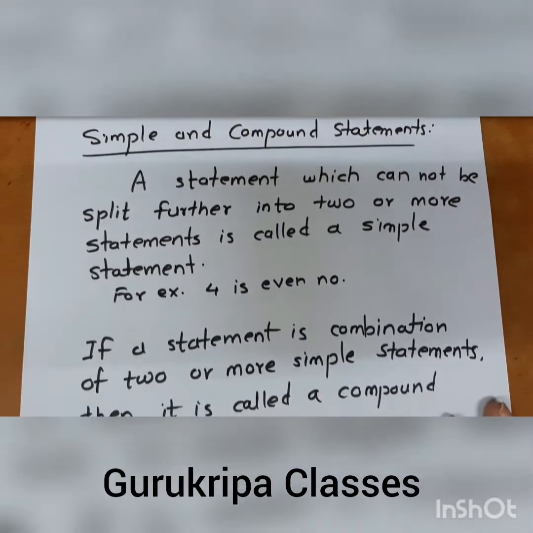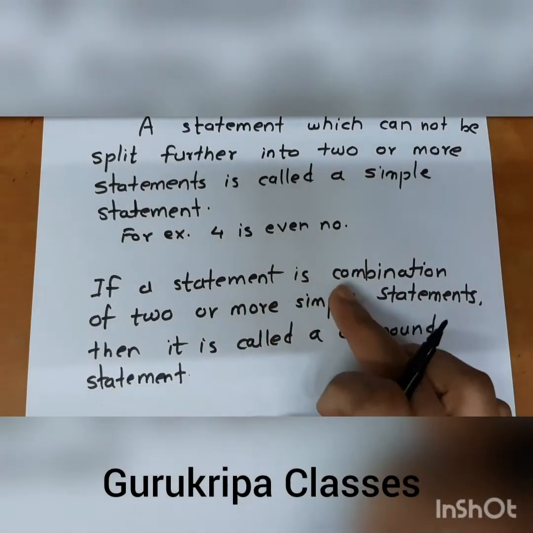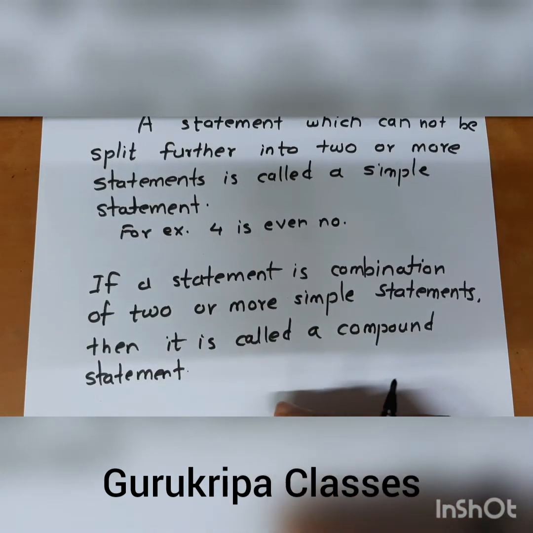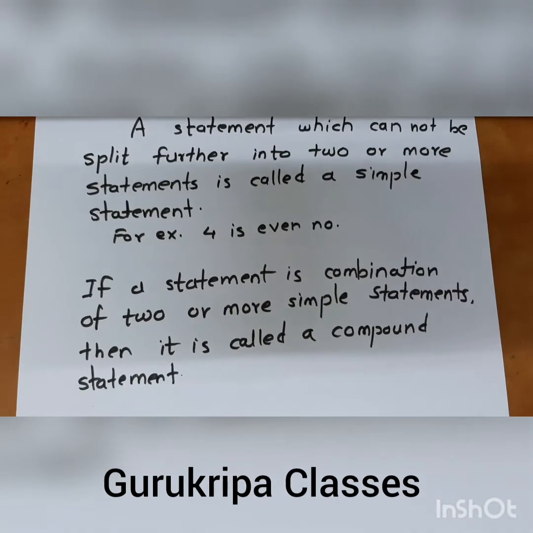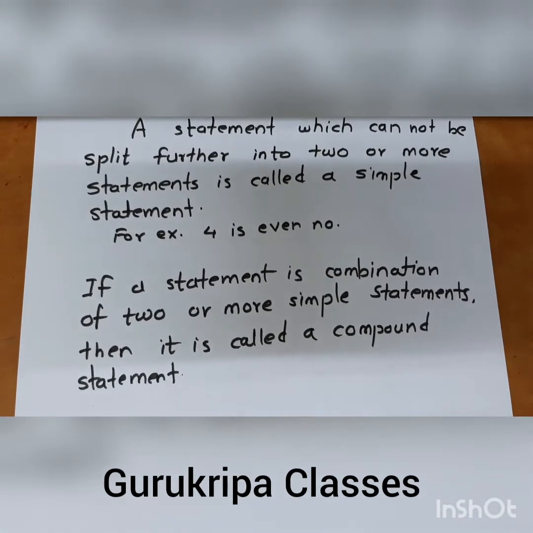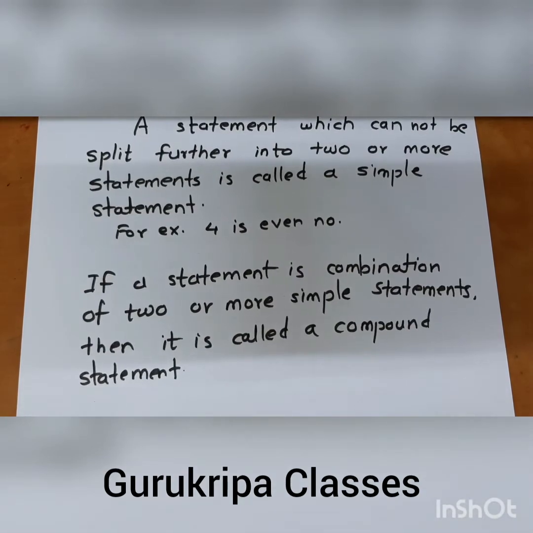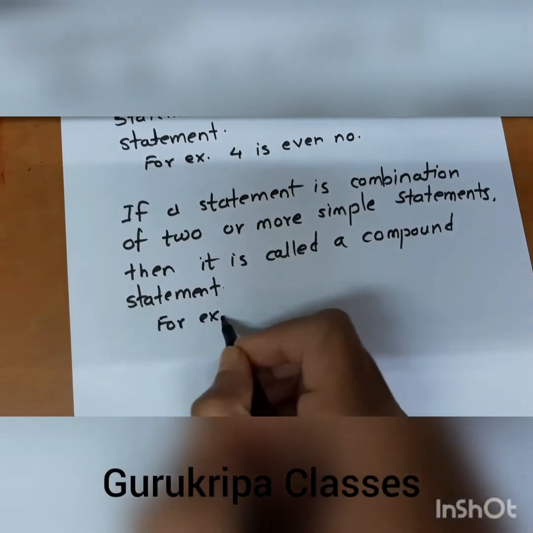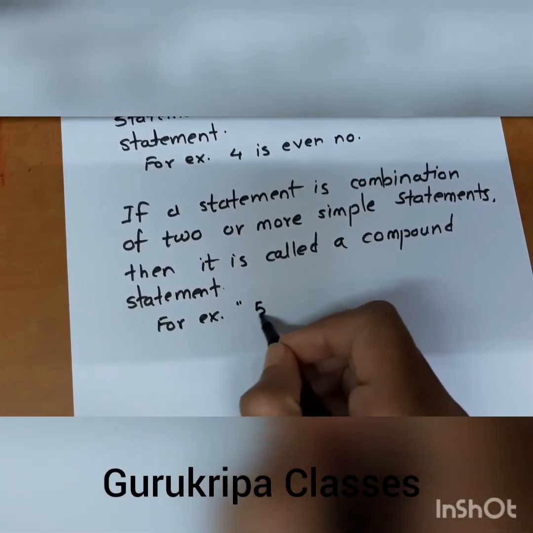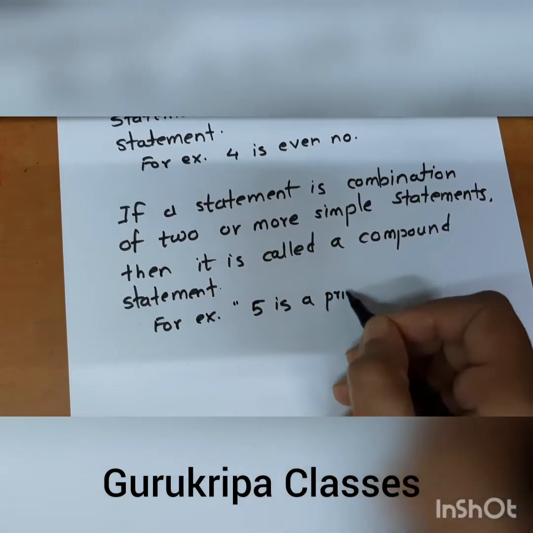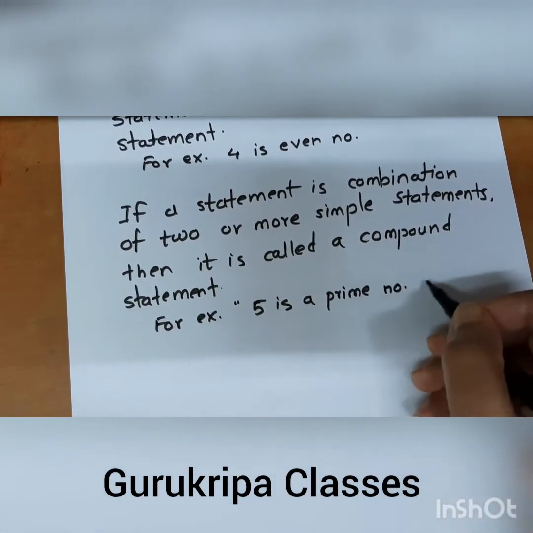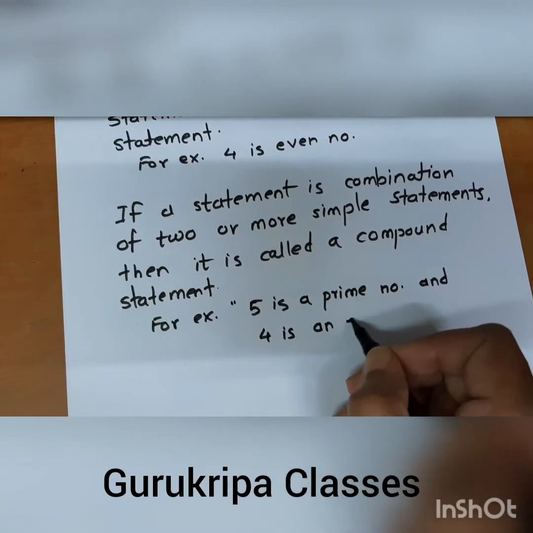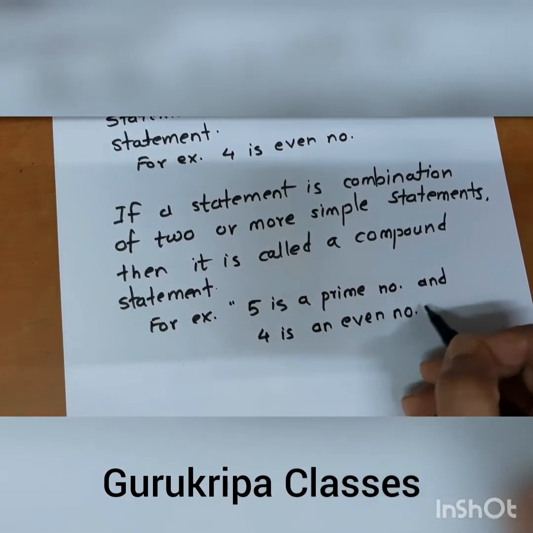Now see what is the definition of compound statement. If a statement is a combination of two or more simple statements, then it is called a compound statement. कोई भी जो एक स्टेटमेंट है जो दो और उससे भी ज़्यादा सिंपल स्टेटमेंट से कंबाइन किया जाता है उसको हम बोल सकते हैं कि वो कंपाउंड स्टेटमेंट है. कैसे? देखो, for example, if I write here, 5 is a prime number and 4 is an even number.